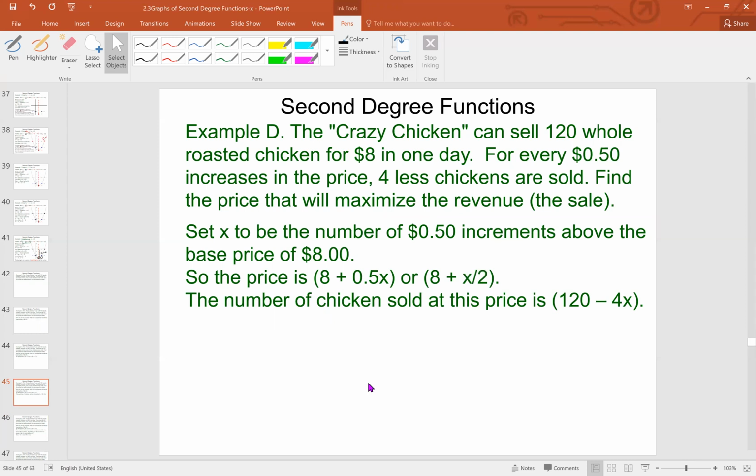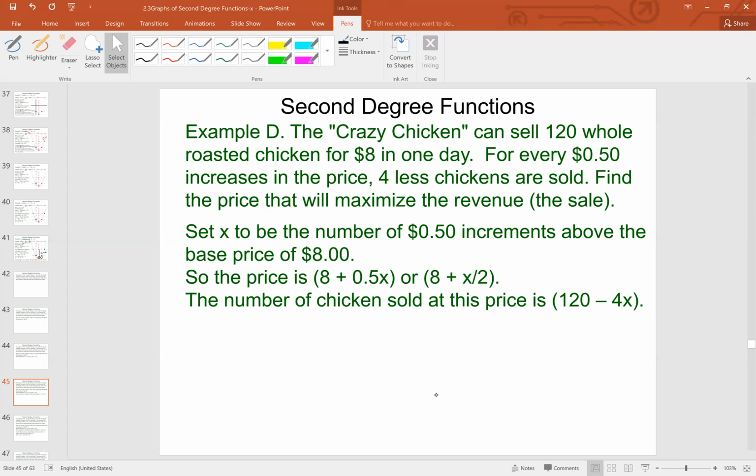And what's the total revenue? Okay, what's the total amount of money you're taking in? Well, it's how much it costs per chicken times how many chickens will be sold at that price, right? The price per chicken times how many chickens are sold.